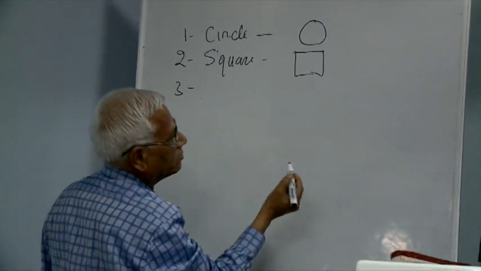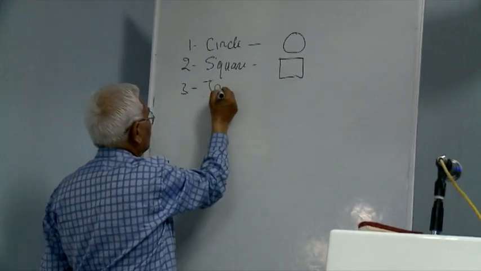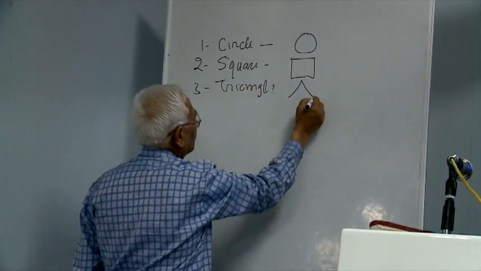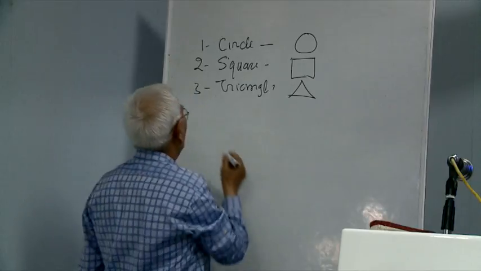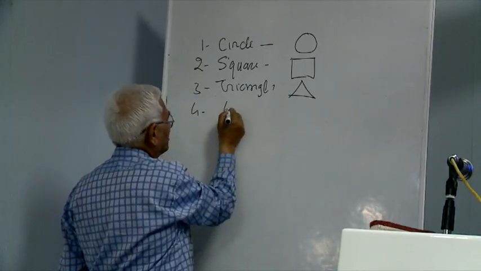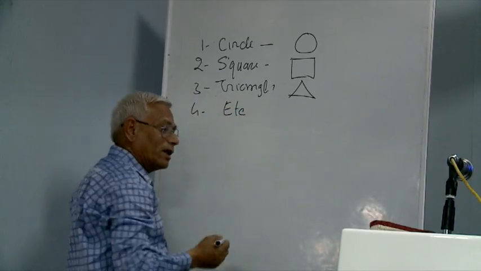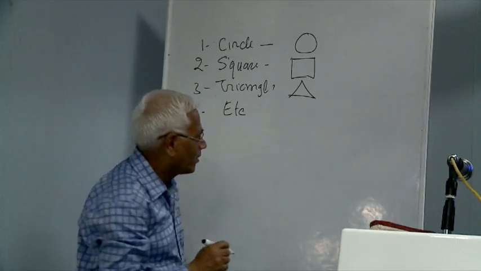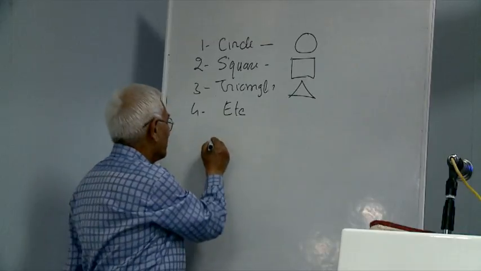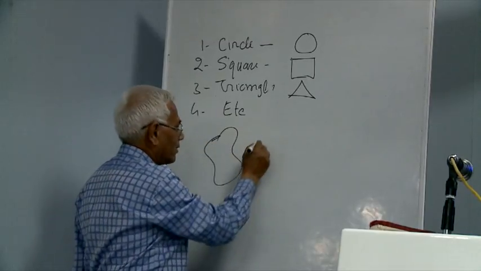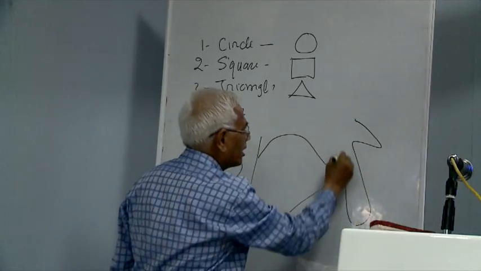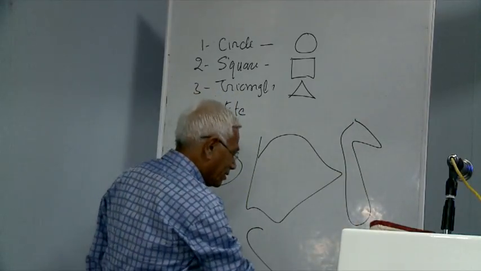Third is the triangle. And fourth is etc. What is etc.? We would like to see here. This is a cell. This is also a cell. This is also a cell. This is also a cell.